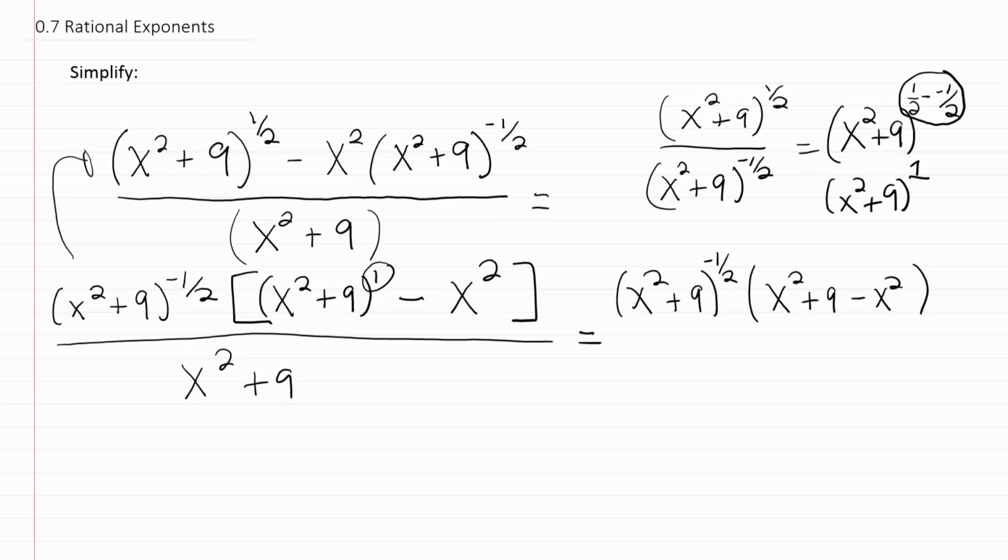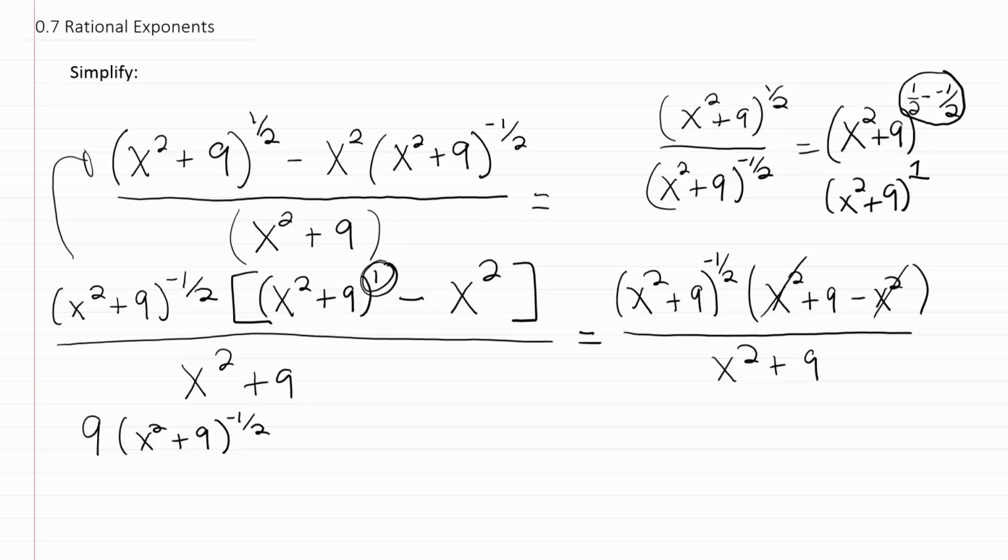Notice we don't have to keep that parenthesis because the exponent is only 1 there. Then divide by the x squared plus 9. What's nice about that is the x squared will cancel with the negative x squared, and you'll just have 9 times the x squared plus 9 to the negative 1/2 power, all divided by the x squared plus 9.